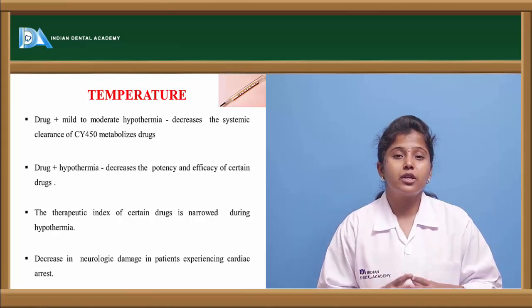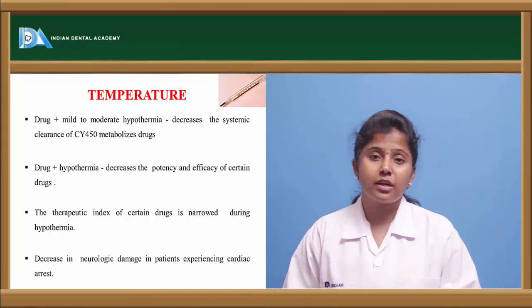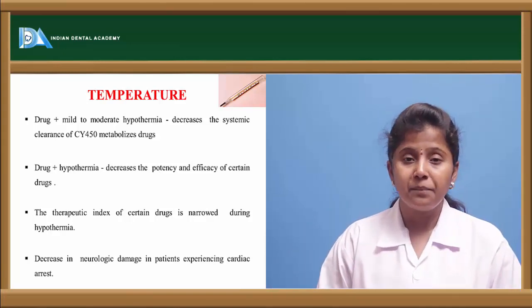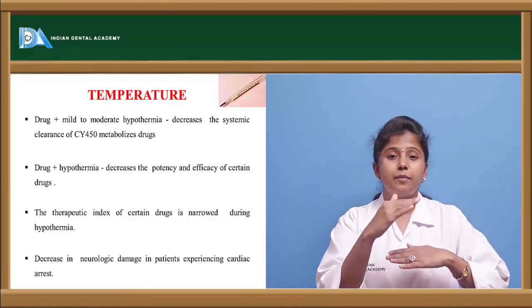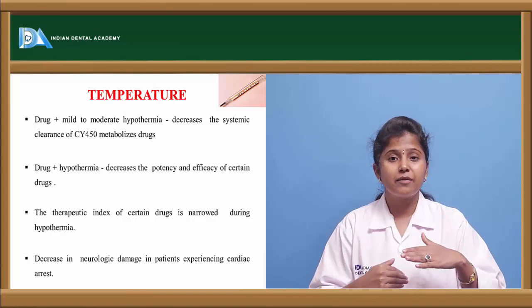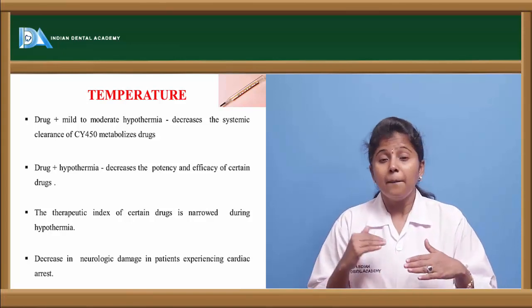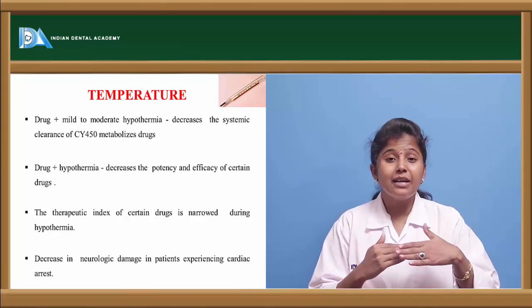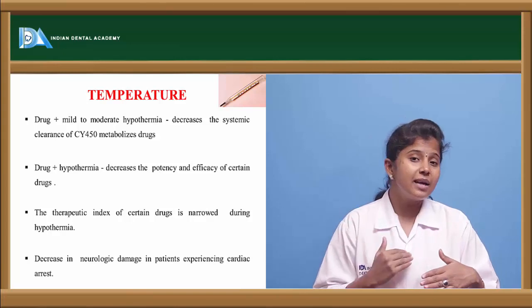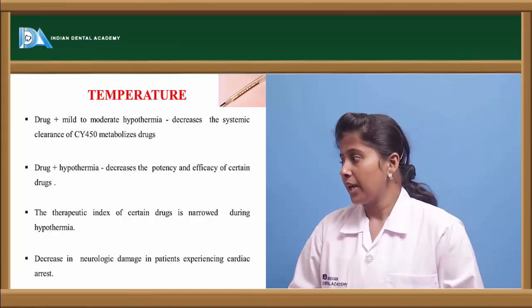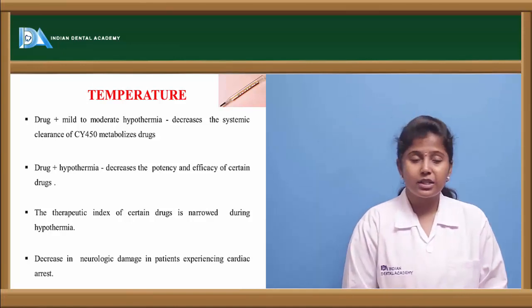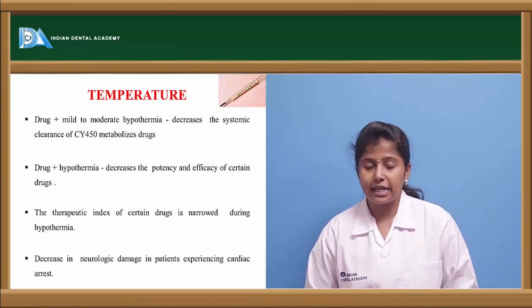For example, if a drug shows its therapeutic effect at 650 mg, it has to be given strictly, though plus or minus 50 can be acceptable. But if there is a temperature, even an increase of 1 mg in the dose can lead to adverse drug reactions. And decrease in the neurological damage in patients experiencing cardiac arrest.